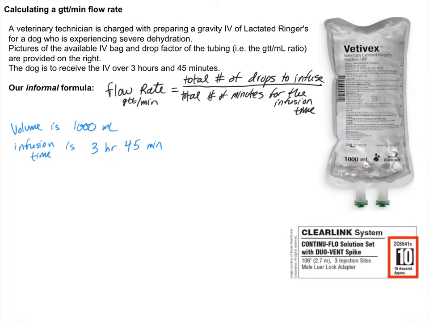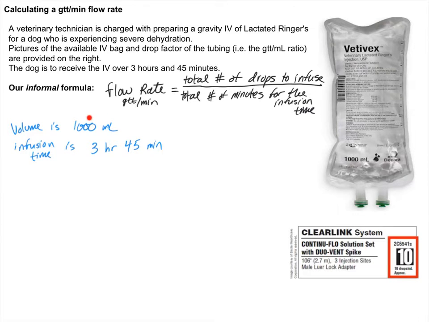So thinking through a flow rate problem, if we go back to our informal way, how many drops is this dog going to receive, and divide that by the time in which this infusion is going to last, then if I can write that ratio, that will give me the flow rate in drops per minute. Now we have the volume, but the volume is in milliliters.